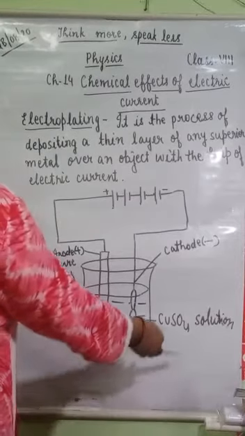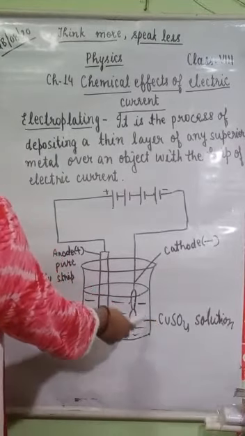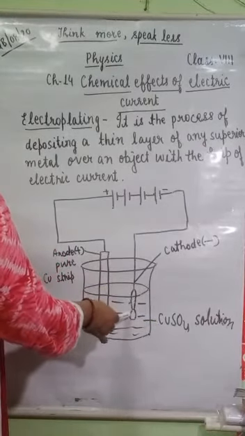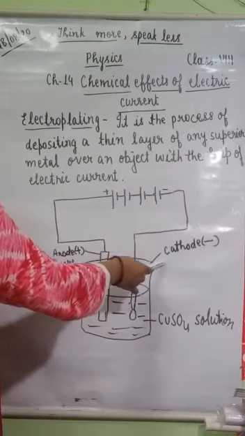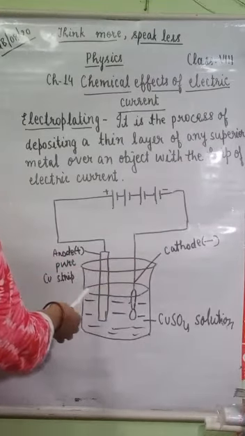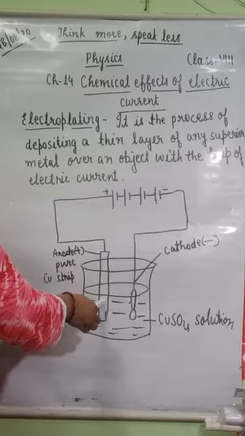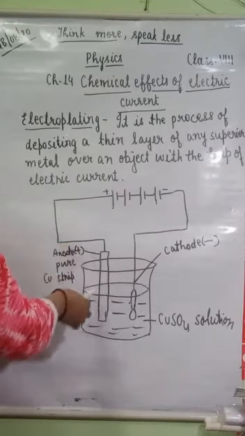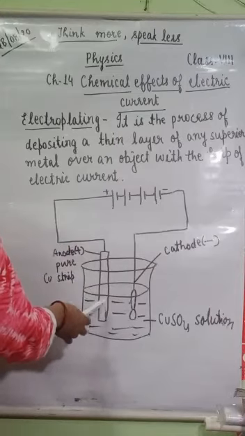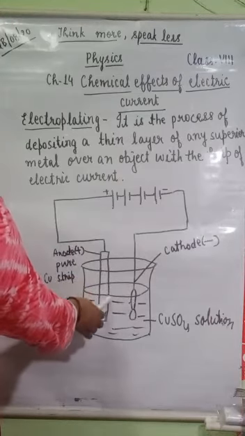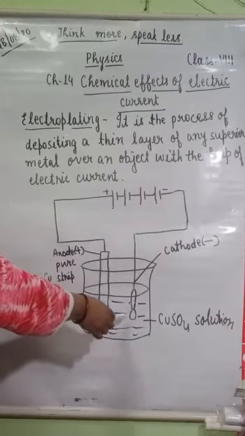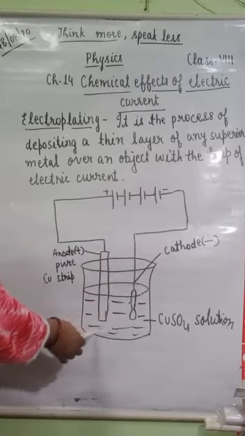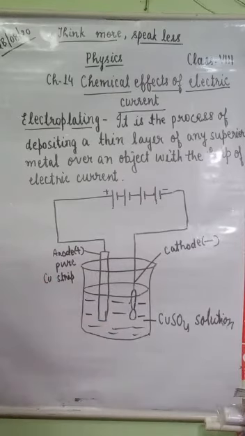So take copper sulfate solution in a beaker, connect the iron spoon to be electroplated to the negative terminal, the cathode, of a battery, and connect a copper strip to the anode, that is the positive terminal of the battery. Dip the copper strip and iron spoon in the beaker containing copper sulfate solution, and leave it for half an hour.